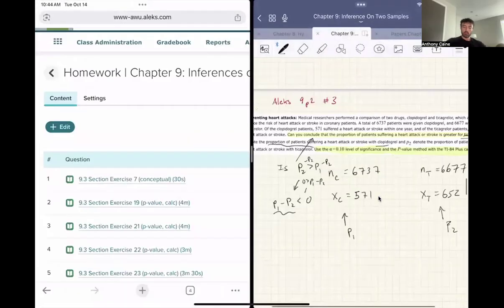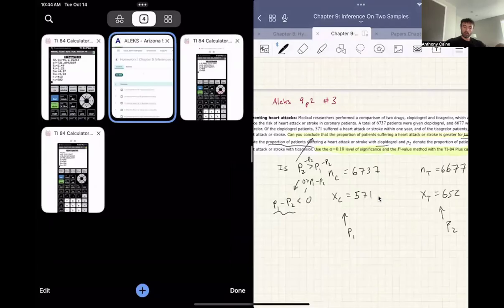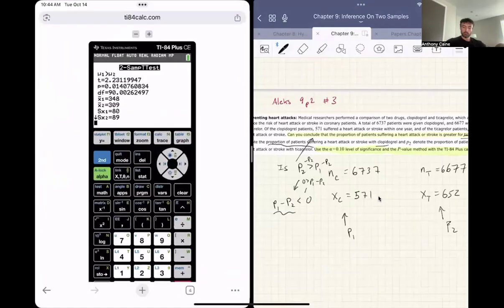Shrink this down a little bit. Let's pull up a calculator. Any calculator will do. Stat tests. I have two proportions and I'm trying to do a test. The reason I labeled all this stuff is that we need to know who's one. So now I have an N1 and X1.